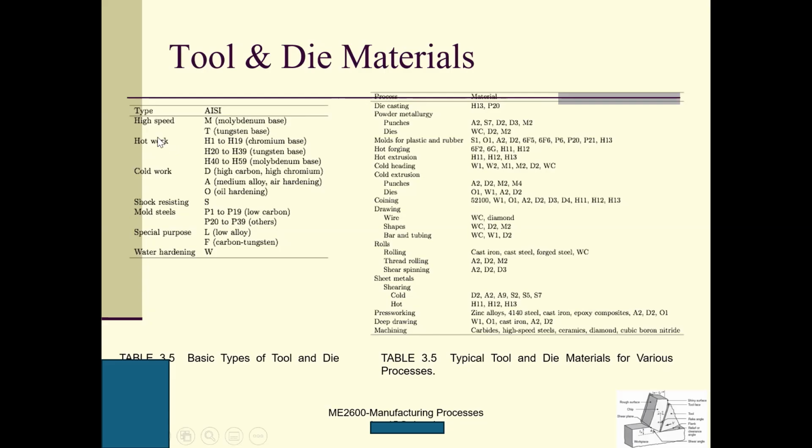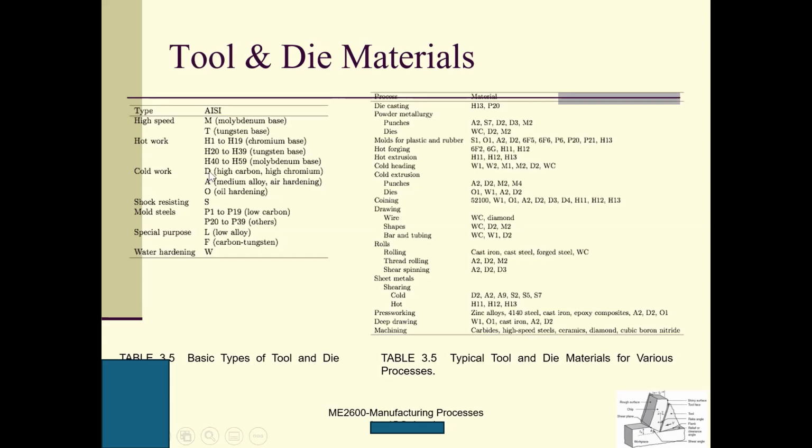And for hot work, they use these H grades. So this is the tool, the die. Hot work, the die must be very hard. If the dies are not hard enough, the die deforms first. That's very funny.